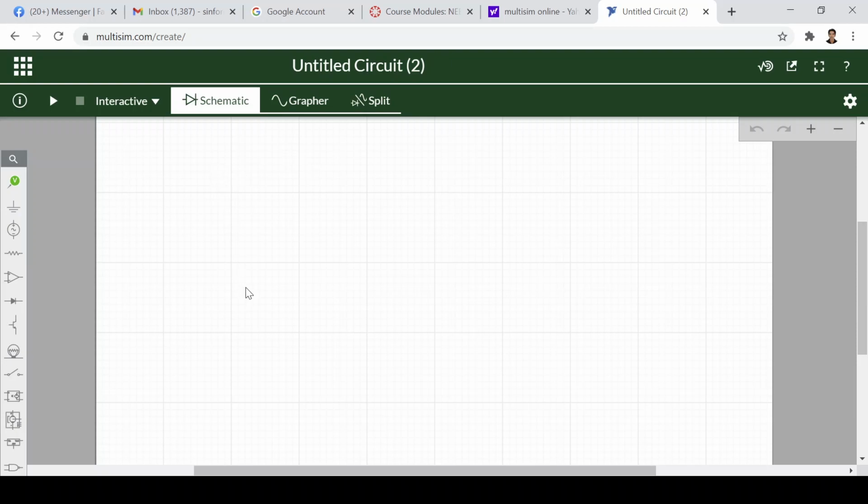This demo is about experiment number 3 regarding the study of the capacitance and capacitive reactance of a capacitor.